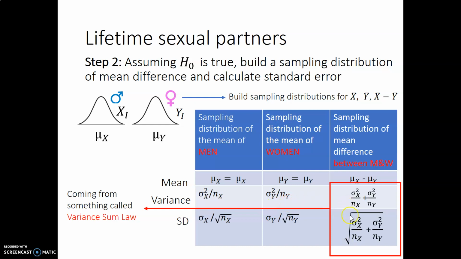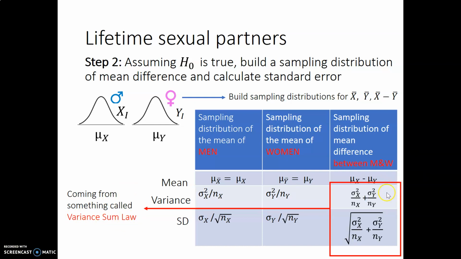And then to calculate the standard error for the sampling distribution of the mean difference, we just take the positive square root of our calculated variance. So that is how we calculate these 3 values here. I think it's pretty easy. You just need to follow a law called the variance sum law.